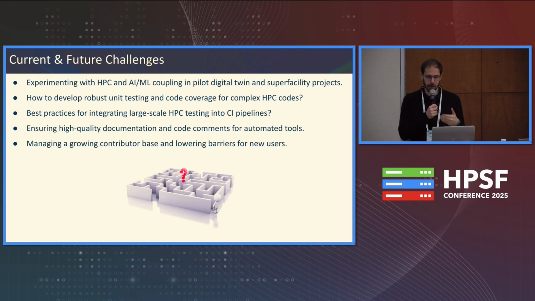We don't have a mechanism, I think, to do that in a systematic way. And that would be very important, because you have a code that is being used by hundreds of people, but you want to make sure that it's also well documented, and the documentation scales at the same pace as the code itself.